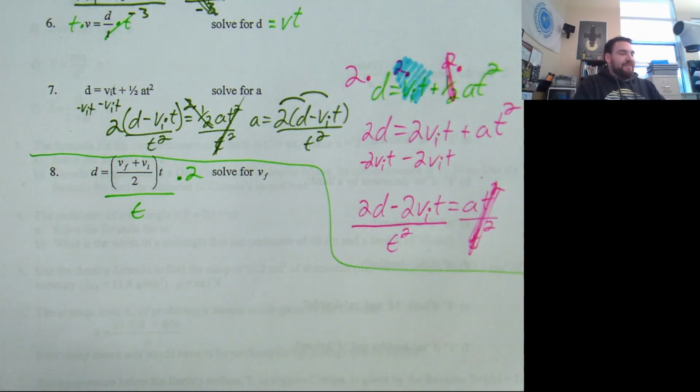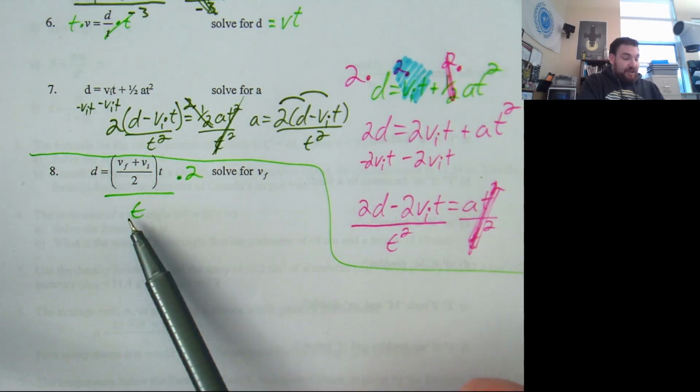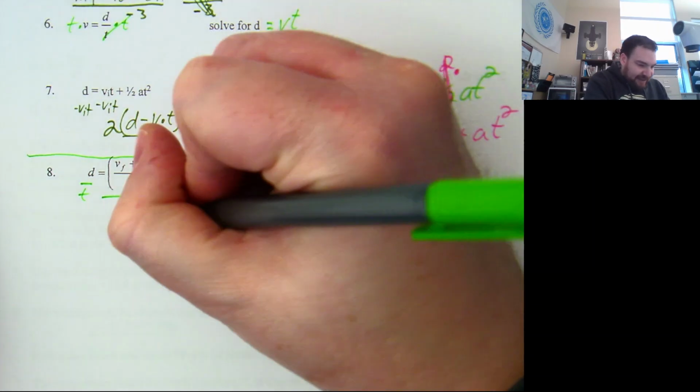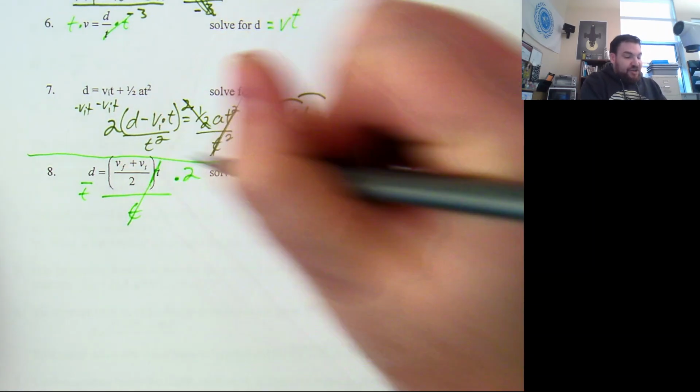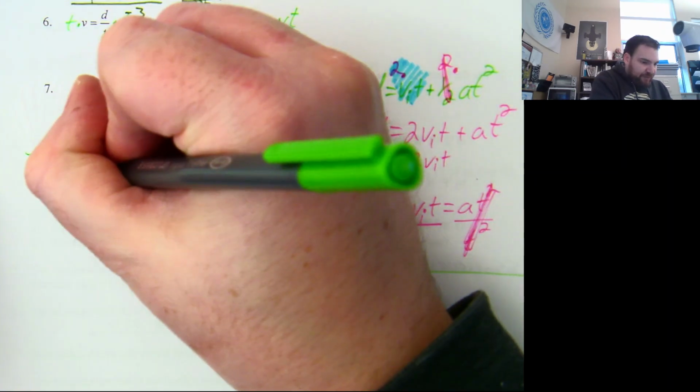I think you're absolutely right. I'm going to slow that down a smidge. Because we're multiplying here by t, we can divide by t. Whatever you do to one side, you got to do to the other. That'll cancel here. And the division can get dealt with in the same step. Because we're dividing this whole right-hand side by 2, I can multiply both sides by 2.